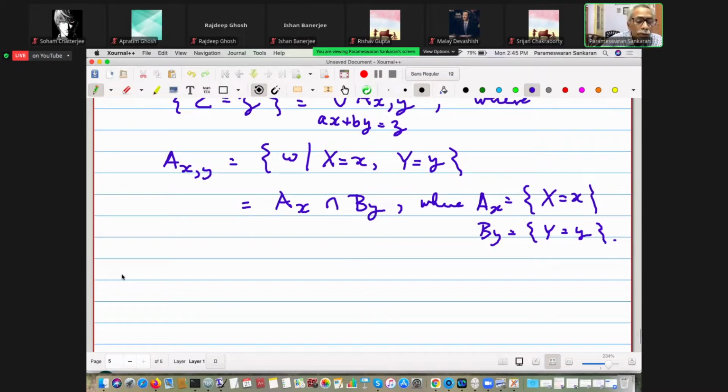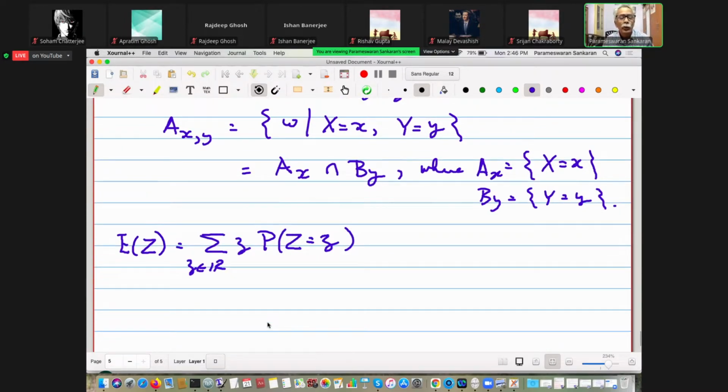So what is the expectation of Z? The expectation of Z is the summation over z in the reals of z times the probability of Z equal to z. That's a mass function, right? So now you see why it is convenient to write in this notation.